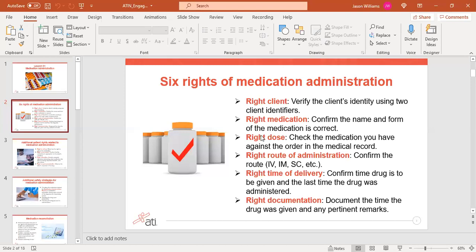But the main 5 rights, for me to remember it, I always remembered, and I'm gonna type it in a chat, Dr. Tim. This is what I always remember to help me remember the 5 rights. DRTIM. D is for right dose.